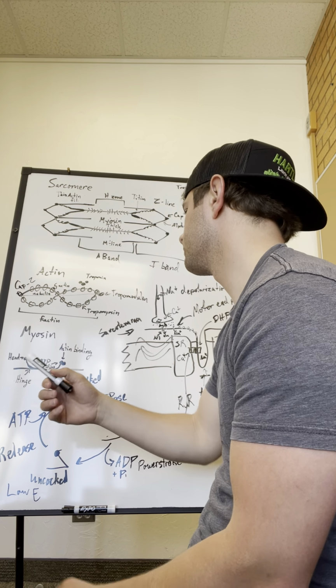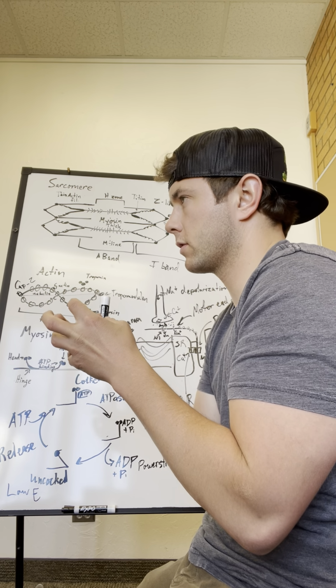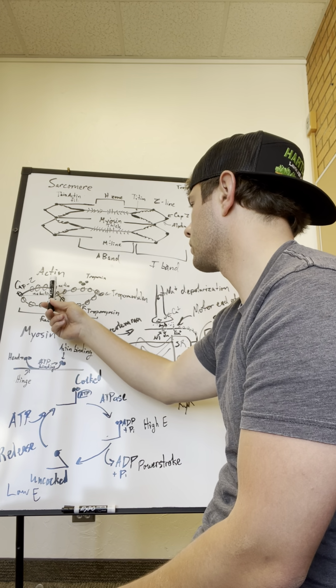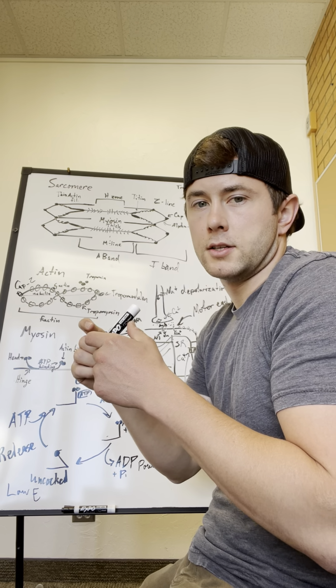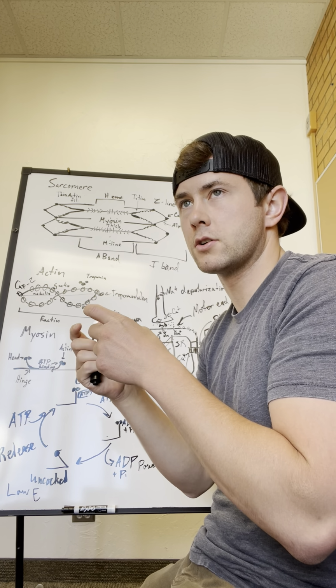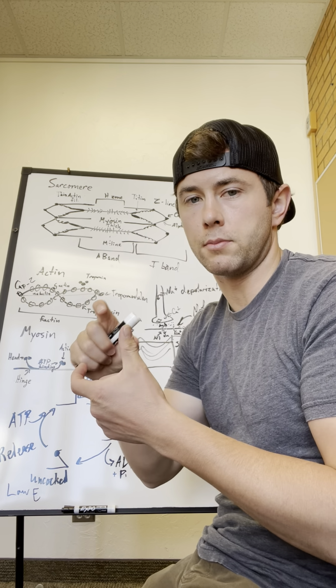So actin is made up of smaller components that bind together, and those are called G actin. If you think of pearls on a string, G actin is essentially those little pearls.